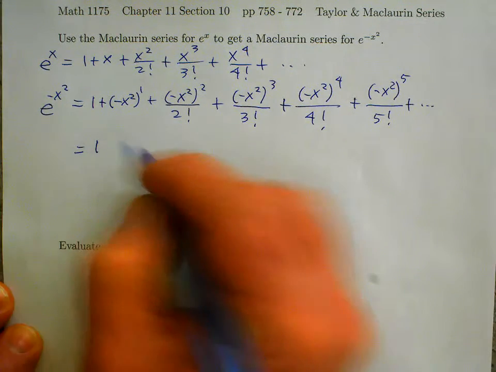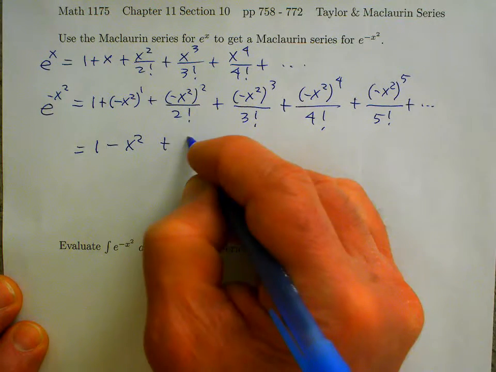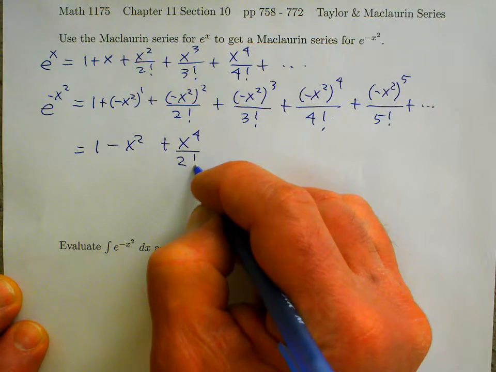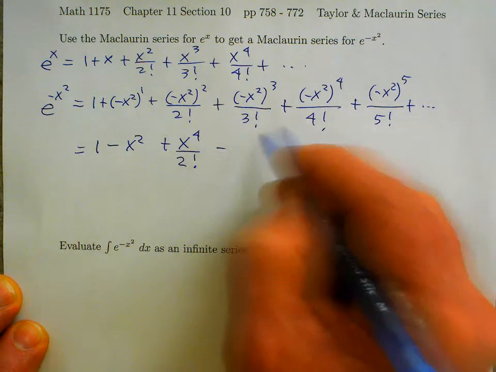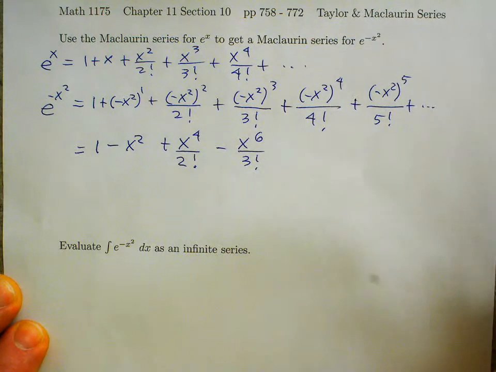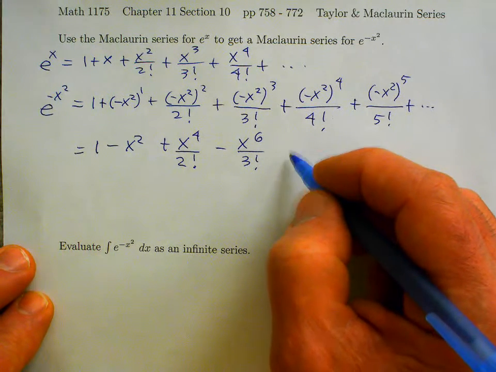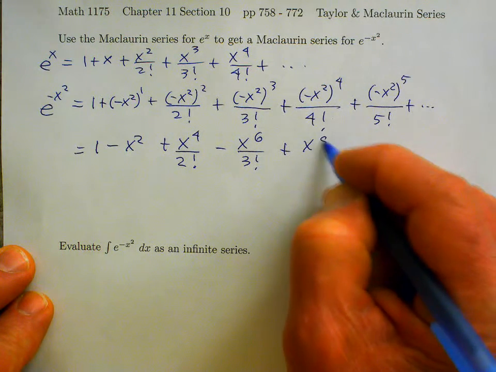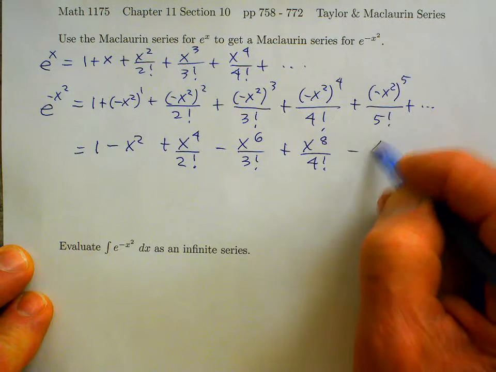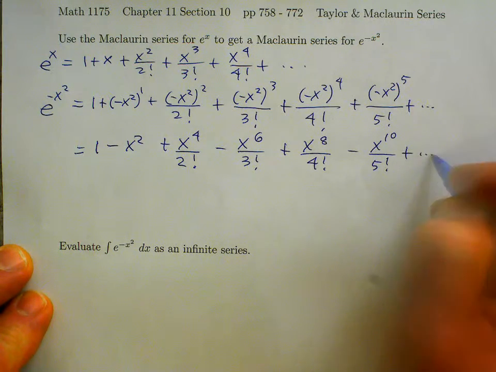So we get 1 minus x squared plus x to the 4th over 2 factorial, minus x to the 6th over 3 factorial. And then plus x to the 8th over 4 factorial, minus x to the 10th over 5 factorial, and so on.